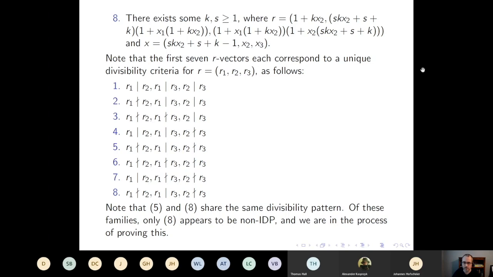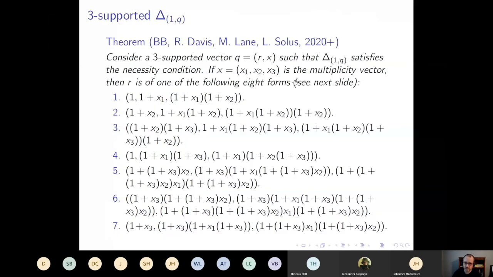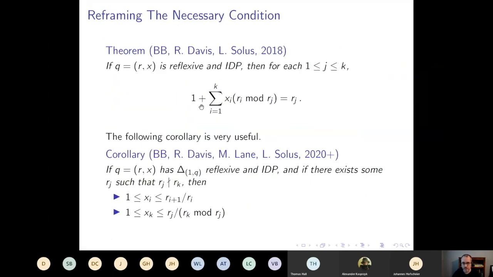I don't know if that's true or not, but I would like to know the answer to that. It's not clear to me how to prove a statement like that, because this theorem right here is very much a do the algebra, use this necessity condition carefully to get these. Okay.